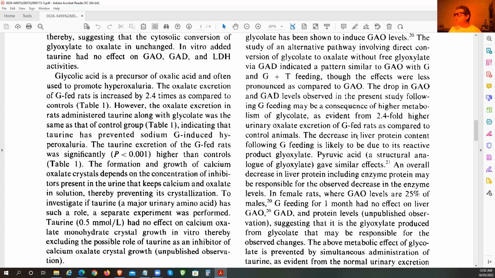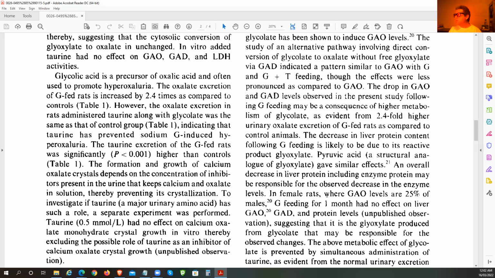The decrease in liver protein content following G feeding is likely to be due to a reaction product, glyoxylate. Pyruvic acid, a structural analog, gave similar effects. Okay. An overall decrease in liver protein, including enzyme protein, may be responsible for the observed decrease in the enzyme level.